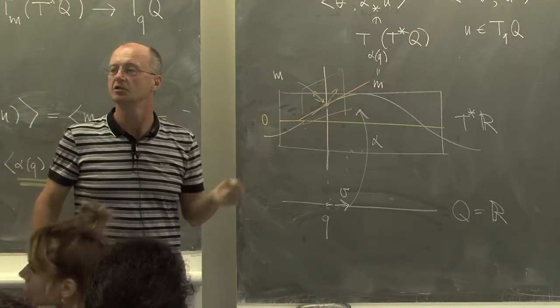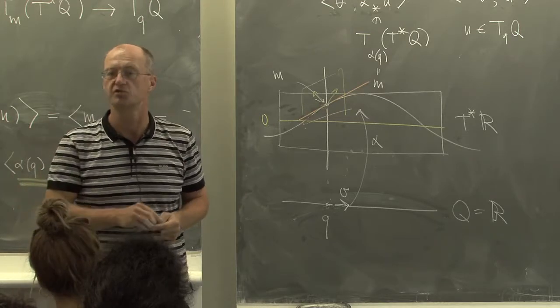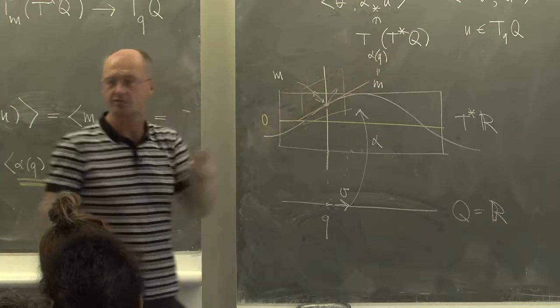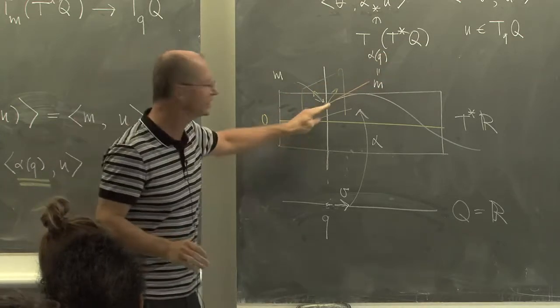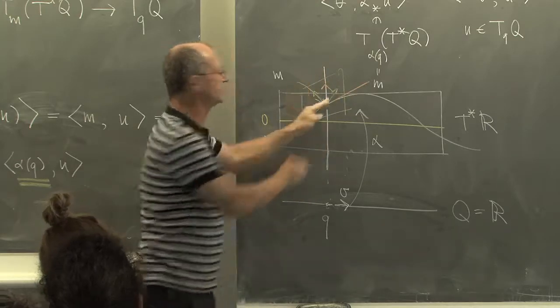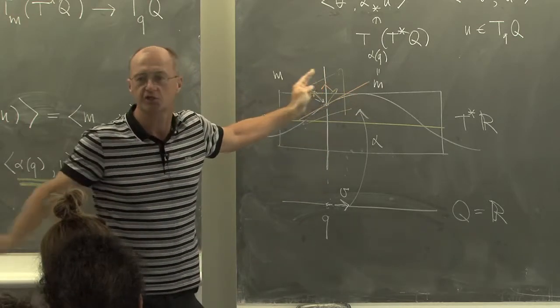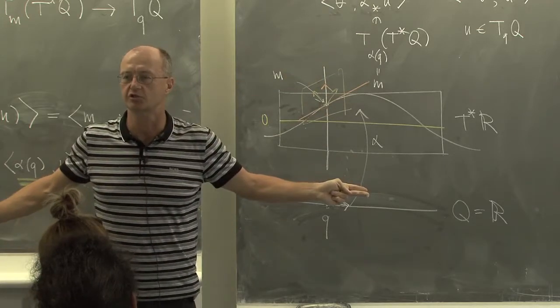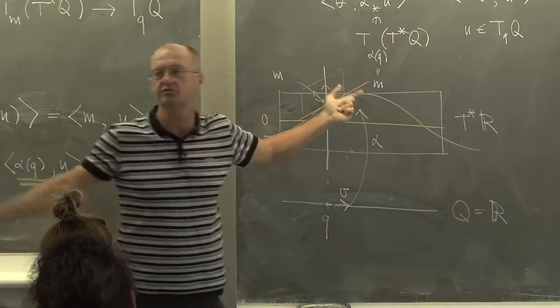So you get everything but the vertical? That's right. That's what I was about to say, but that's good, exactly. So I'll get everything but I can never get this vector. So that's true. But all the other vectors I can get with this construction, and not only for the real line, but in general case.